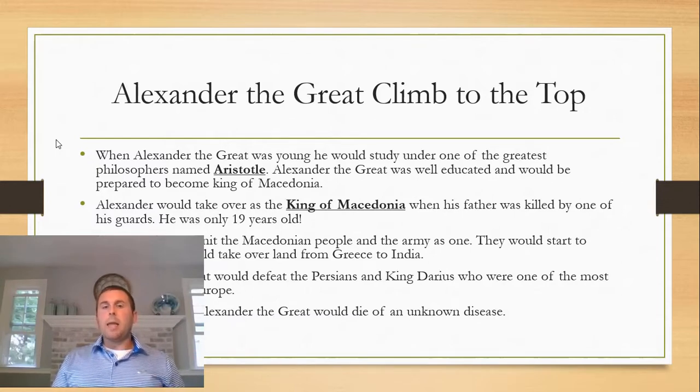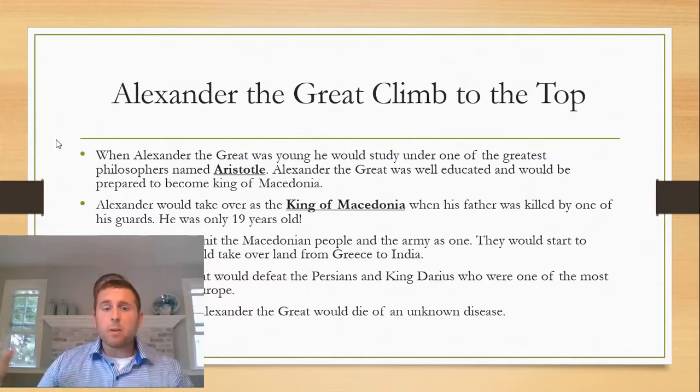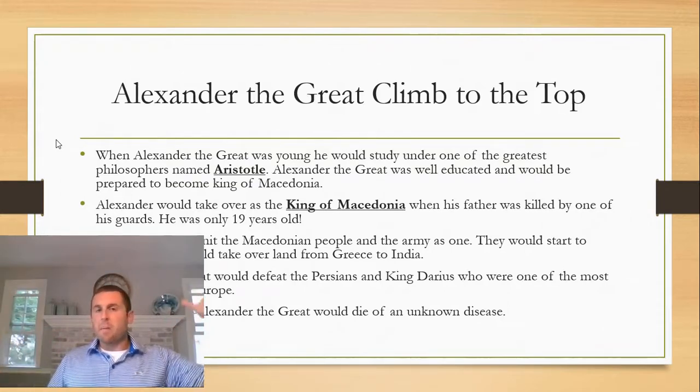One of the biggest things that Alexander the Great did was he was able to defeat the Persians and King Darius. He was able to defeat the Persians, who were one of the most feared armies in Europe. So his empire is just this massive, massive empire, from Macedonia all the way to India.